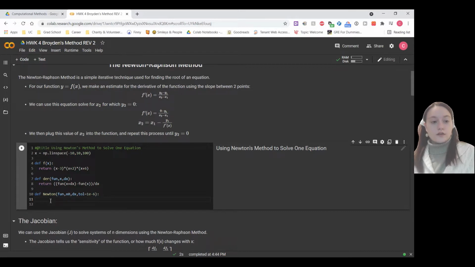So our new value of x will be equal to our initial value of x minus the function at our initial value divided by the derivative of our function at our initial value and using dx.